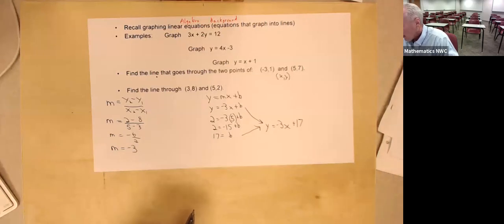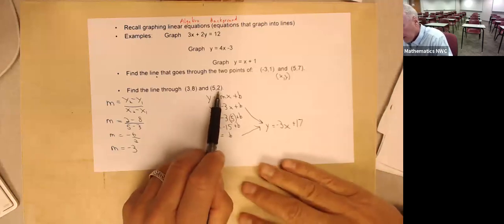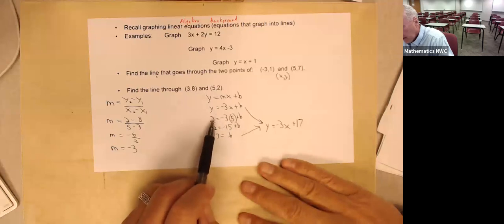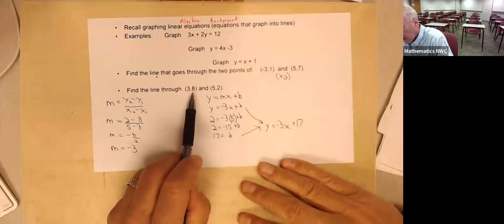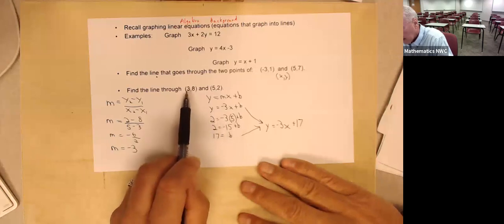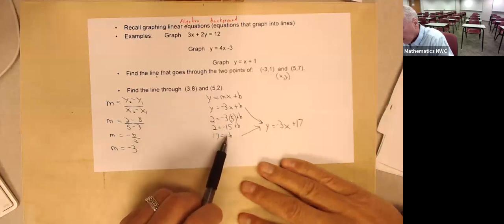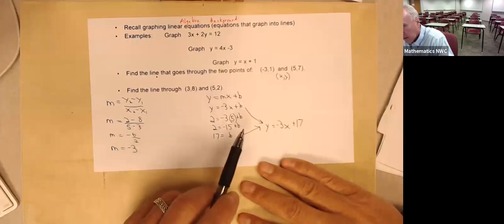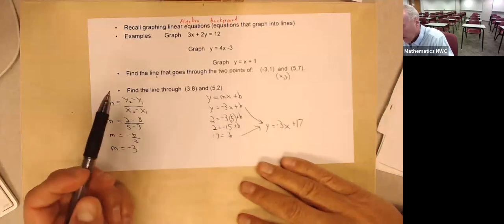And hopefully you got, in this case, the y equal to a negative 3x plus 17. I chose the 0.52 to put in here. You may have chosen the 0.38. If you did, you would have put y equal to 8, x equal to 3, and you would have ended up getting the exact same equation. You can use either point.